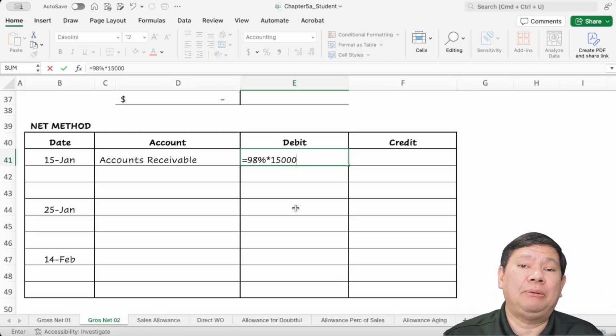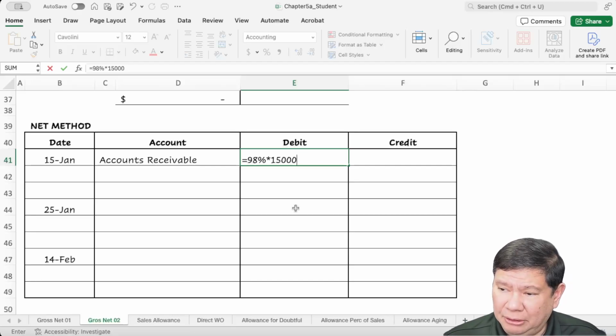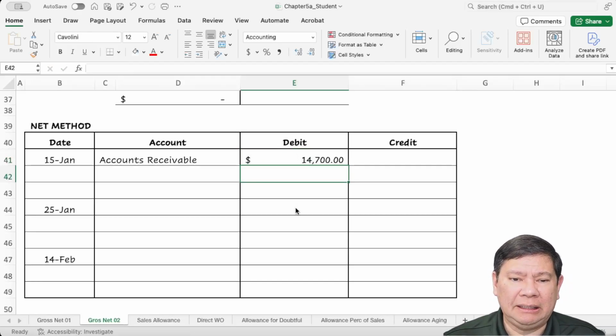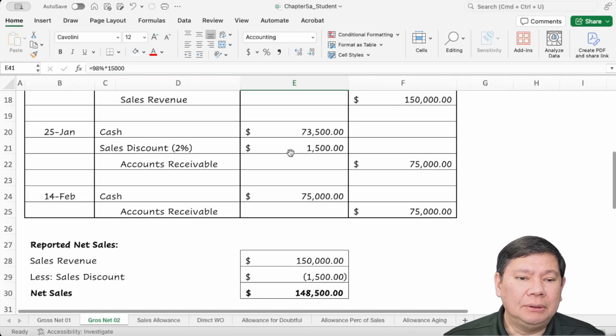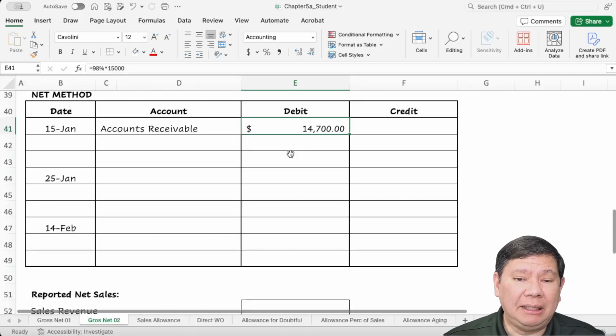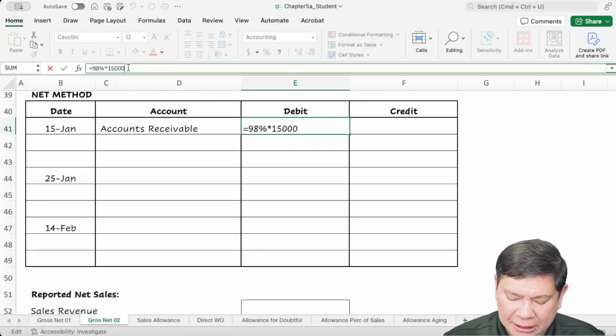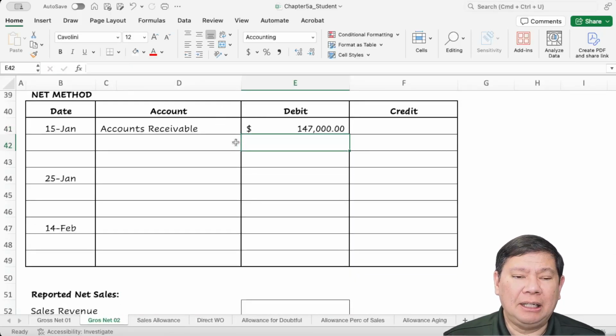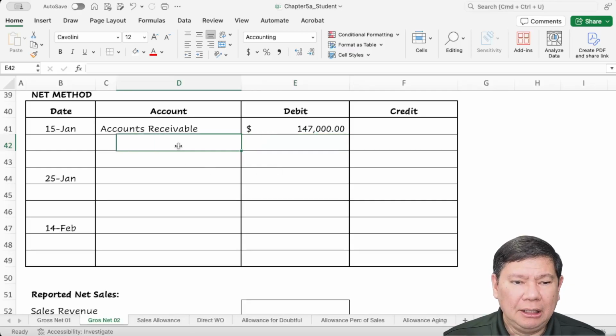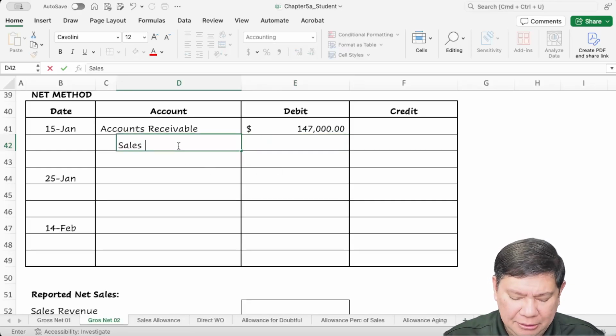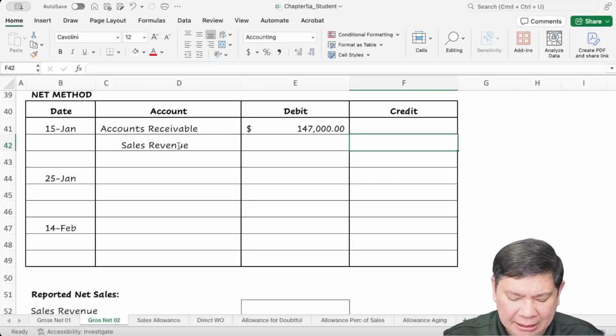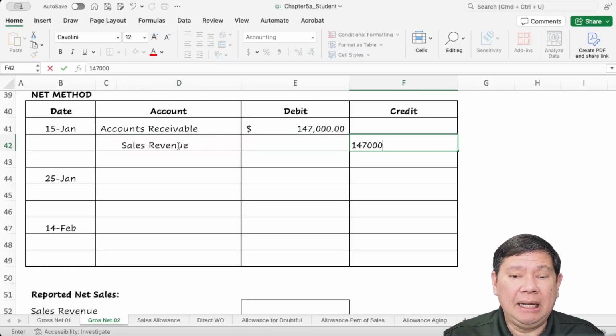So we assume that we will collect 98% of the $150,000, which is $147,000. So that's the sales revenue we recorded using the net method at the beginning.